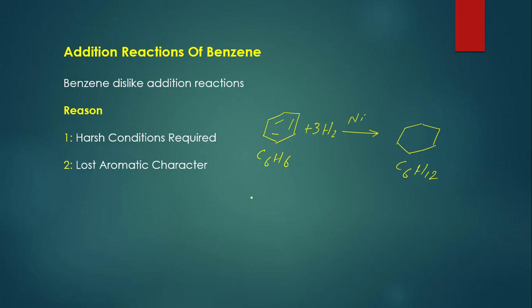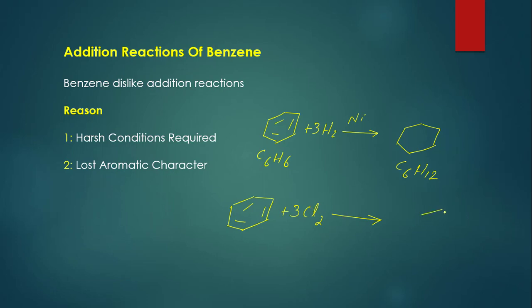Another reaction: we add 3 molecules of Cl2 to the alternating double and single bonds, not in a substitution way but in an addition way. If we use FeCl3 or AlCl3, they substitute, and hydrogen is replaced by chlorine. Now I am making the addition product.